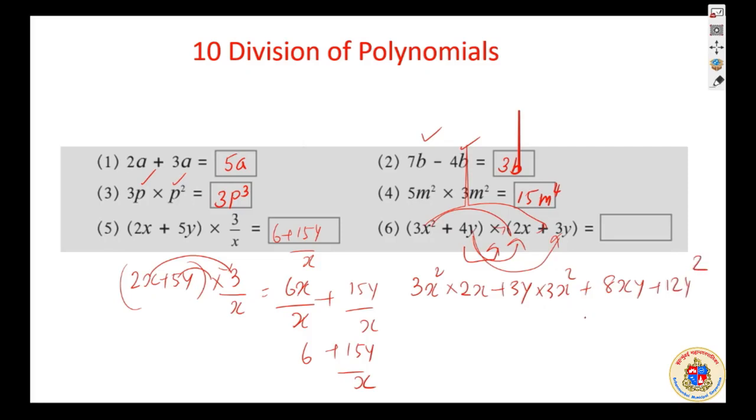If there are like terms, you can simply add, otherwise you have to simply leave it like that. Here it will be 6x cube plus 9x square y plus 8xy plus 12y square.